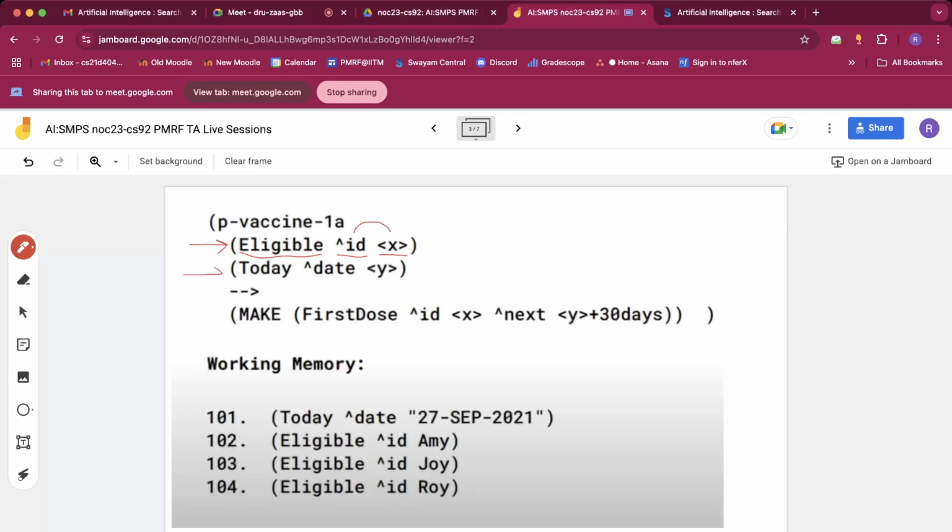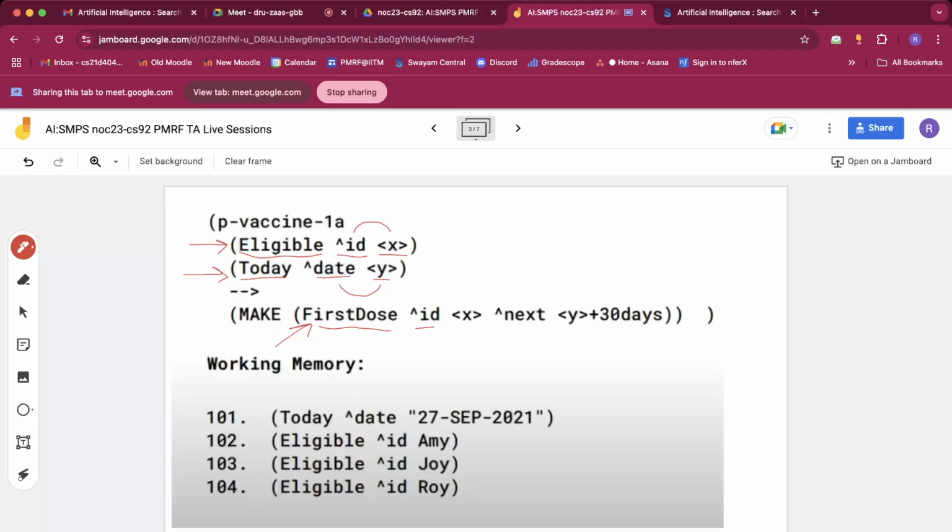Similarly, today will be a class, date will be an attribute, and y will be the value that this attribute date will take.